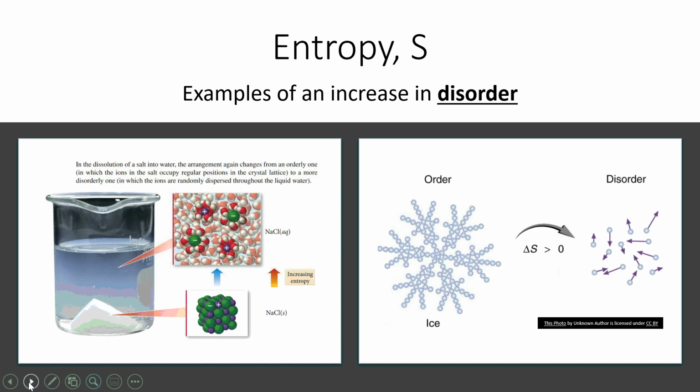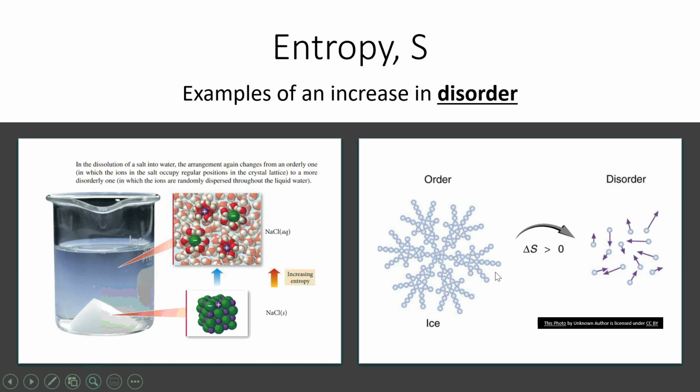Here are some examples of things that will involve an increase in disorder. Dissolving salt in water is going to involve an increase in entropy. If you think about why, you're starting with this very structured, orderly crystal lattice, and then you're mixing it with water, which in liquid state, the particles are moving around more freely. We've got way more possible arrangements where these particles can be in the aqueous version. So this is going to involve an increase in entropy.